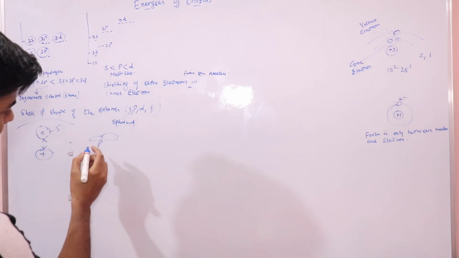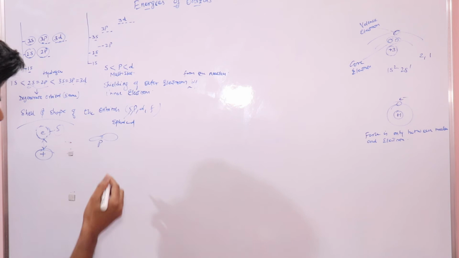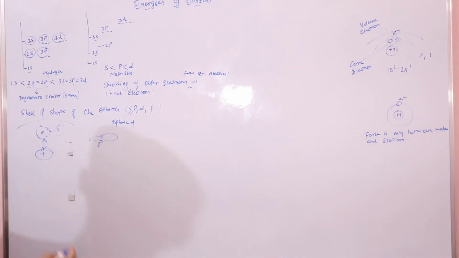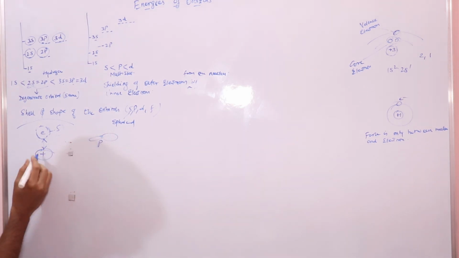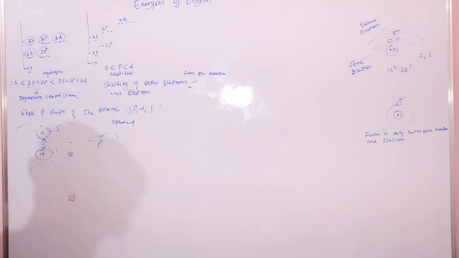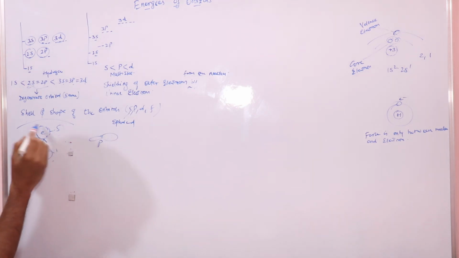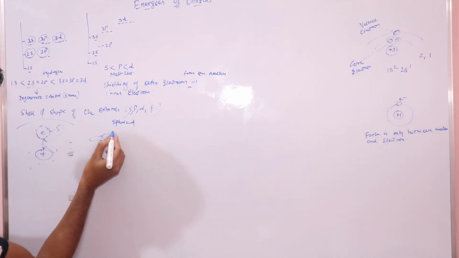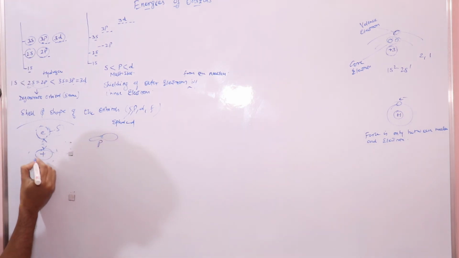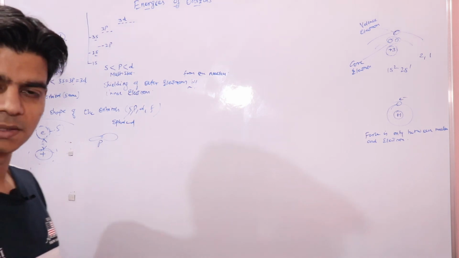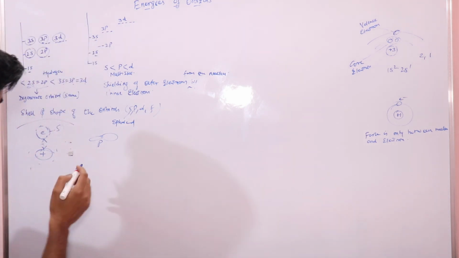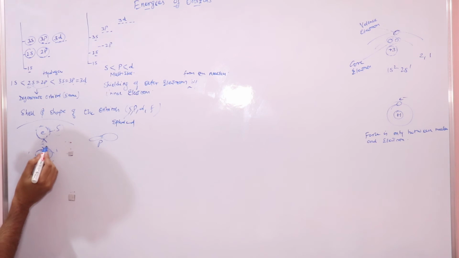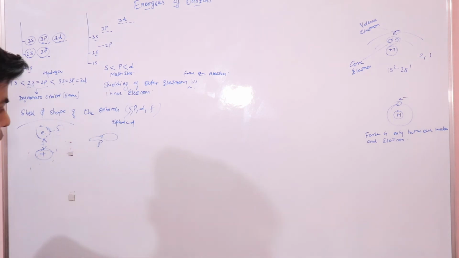They are somewhere near the nucleus, and the electrons in the s orbital are closest to the nucleus. So the force of attraction between electrons in the p orbital and the nucleus is less compared to the attraction between the s orbital and the nucleus.